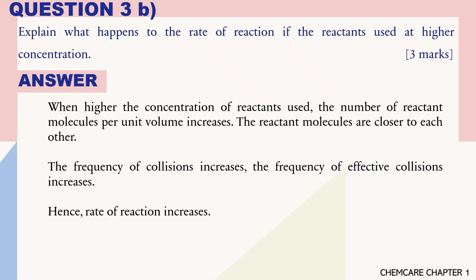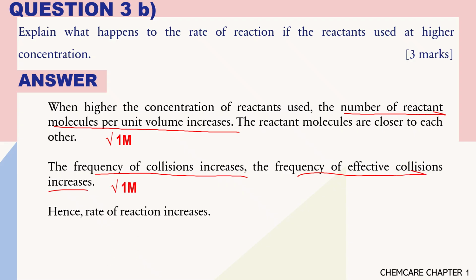So the main keywords here, you have to mention that the number of reactant molecules per unit volume increases, 1 mark for this. And then frequency of collision increases, frequency of effective collisions increases, and finally the rate of reaction increases.